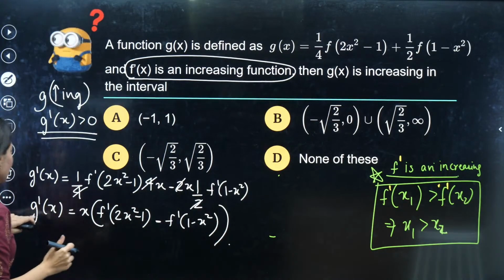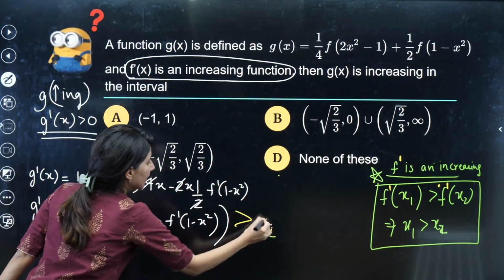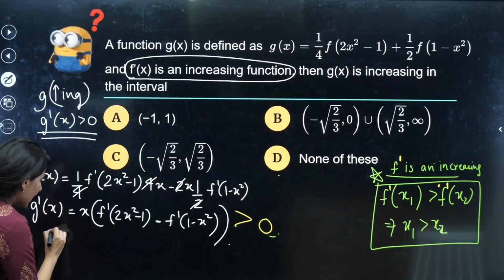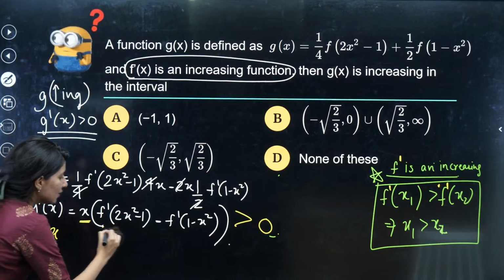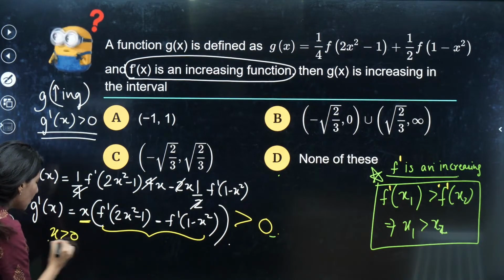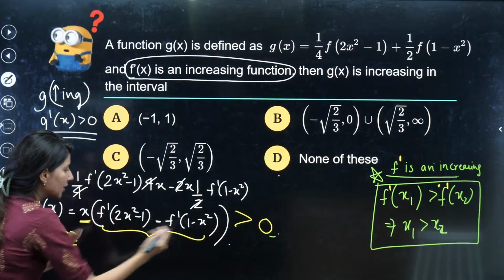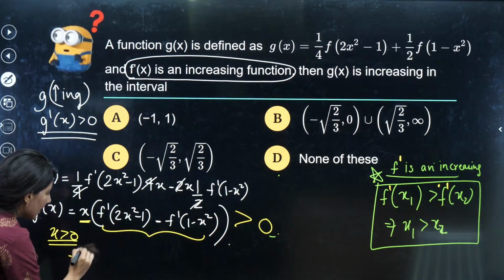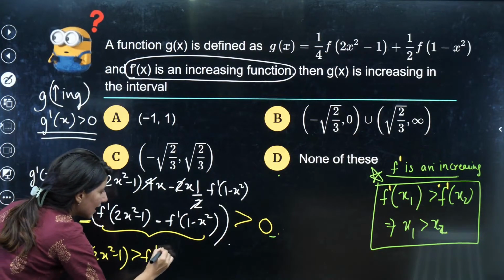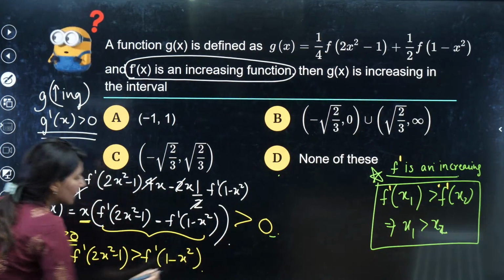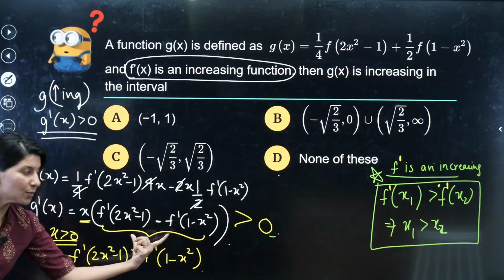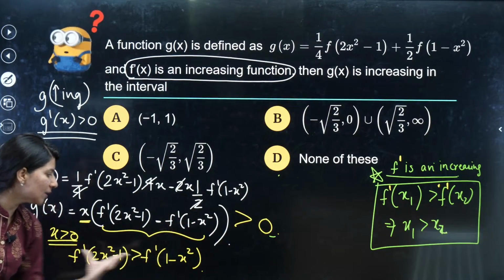Now, to make g dash x positive, x and these two quantities together should be positive. So for x positive, this quantity should also be positive. That means f dash of 2x square minus 1 should be greater than f dash of 1 minus x square, so that this whole quantity is also positive.